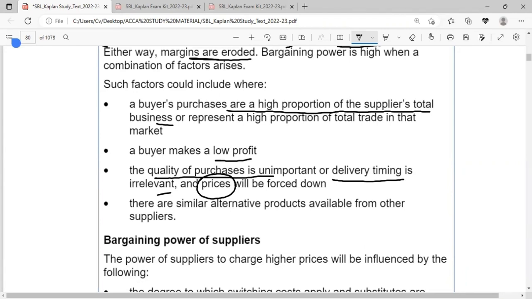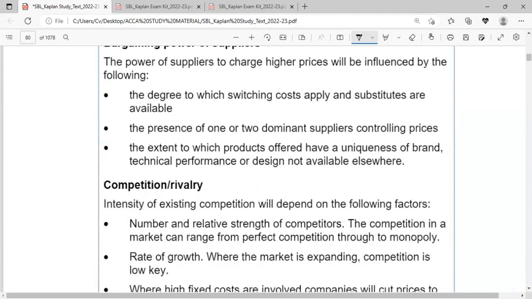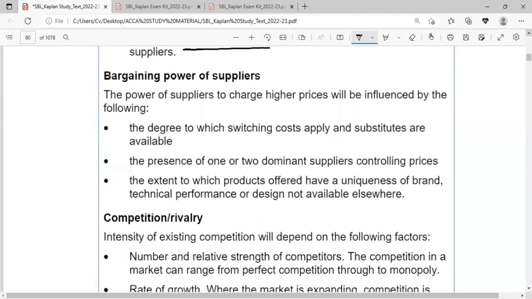They are looking for discounts and promotions, and they want to save their money currently. If alternative products are available in the market, it will also definitely increase the bargaining power of the customers. Any question? Okay.